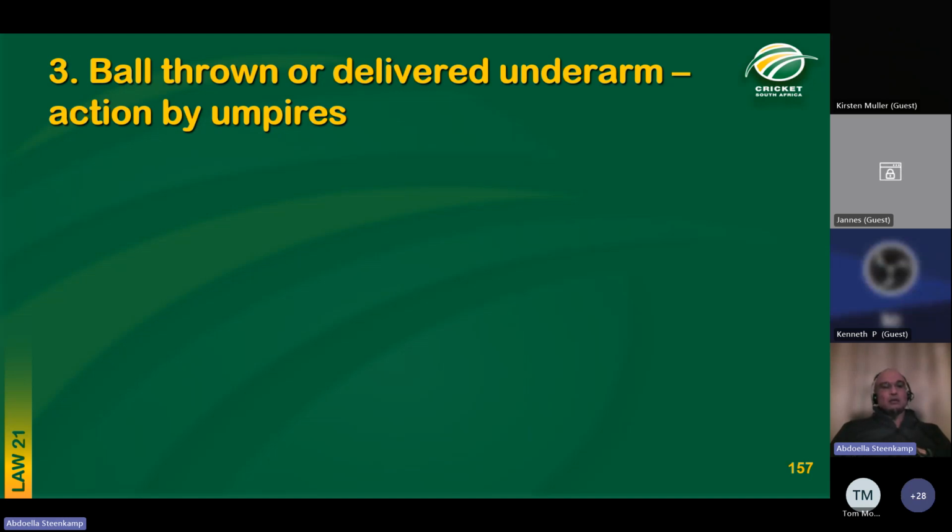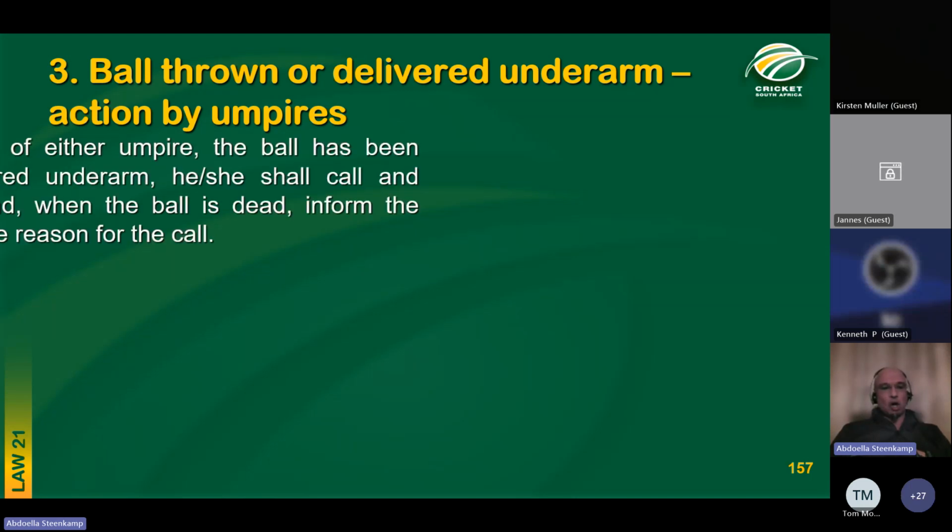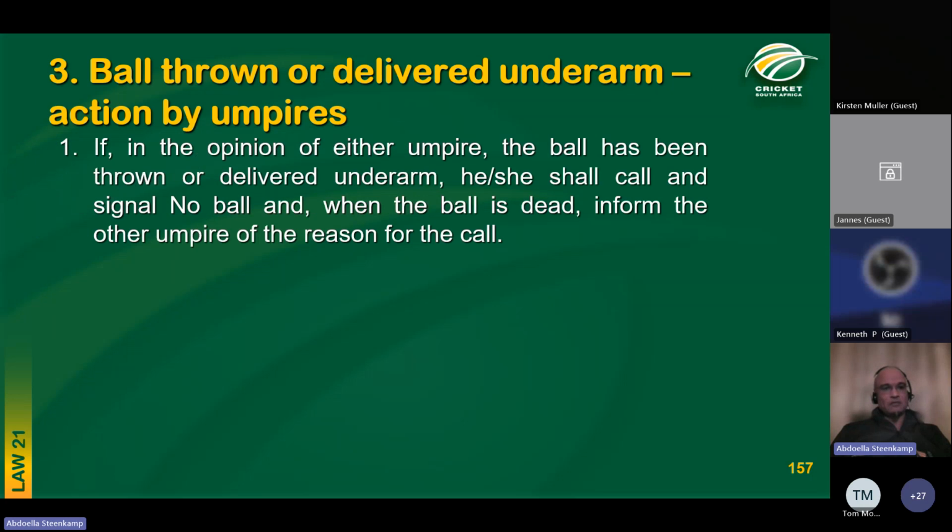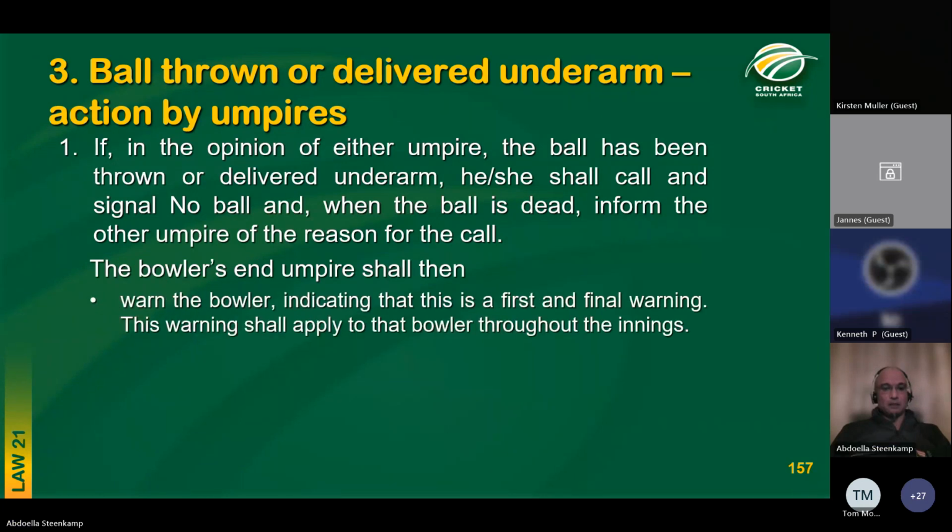In the first slide, we saw that the ball should not be thrown, nor should it be delivered underarm. So what happens if a bowler throws the ball or delivers the ball underarm? The law tells us that the umpire needs to call and signal no ball. Then the umpire needs to indicate to the bowler that this is your first and final warning.